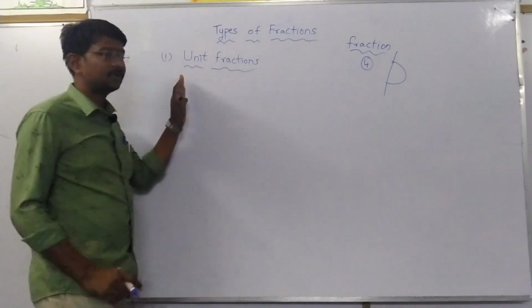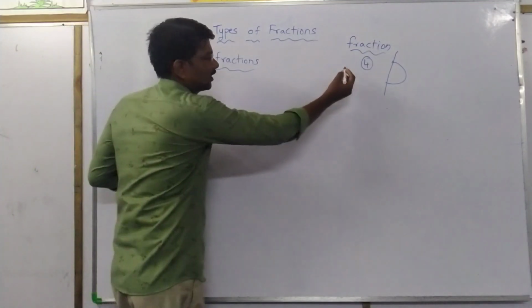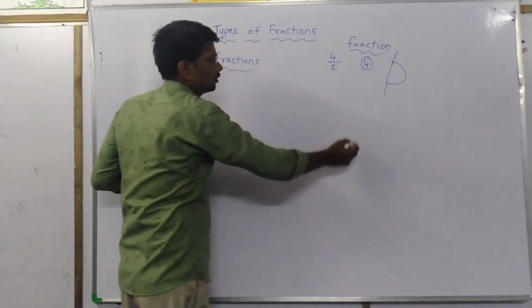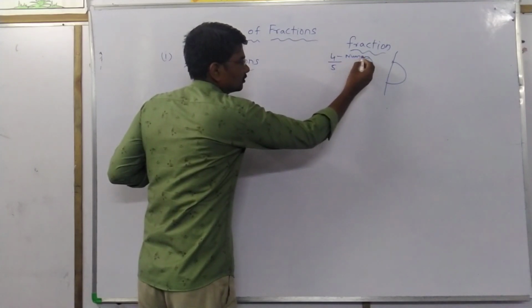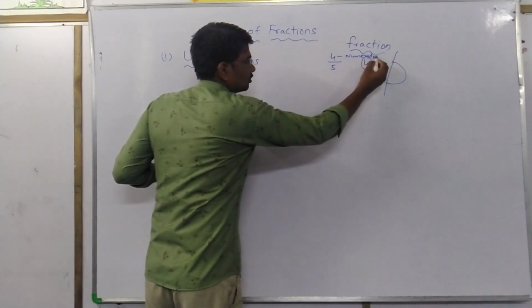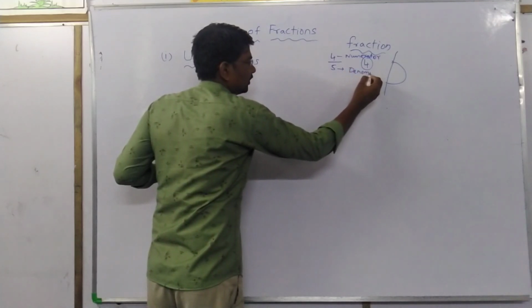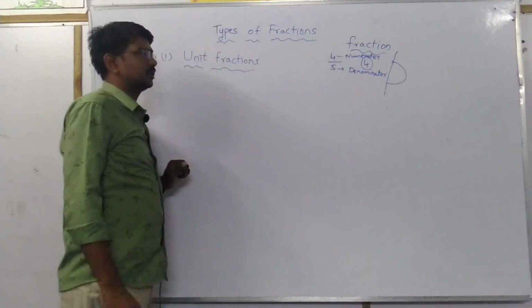Now unit fractions. In a fraction, the upper number is called the numerator and the lower number is called the denominator.